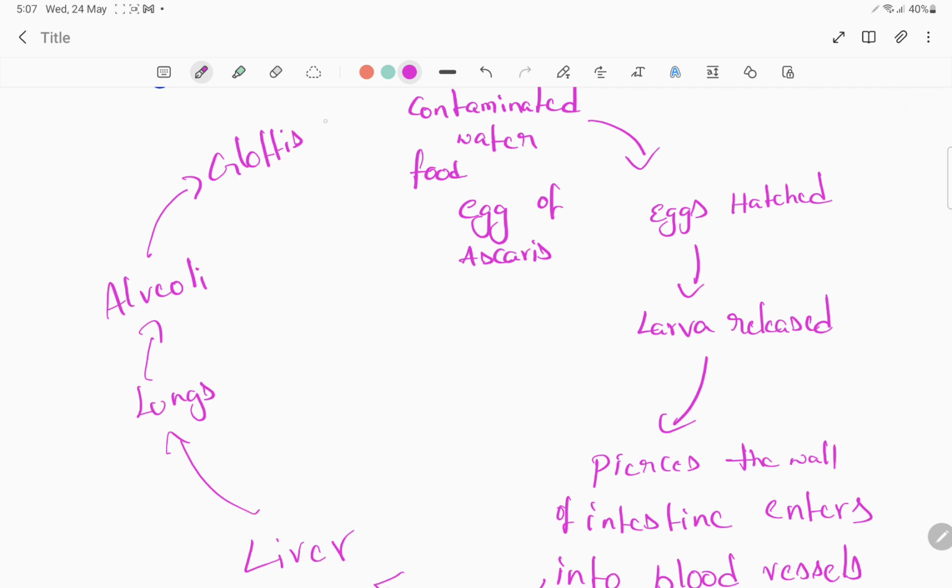So ultimately, when swallowed, glottis to again back to the intestine. Thereafter, the contamination again, intestine, and again the eggs will be released.